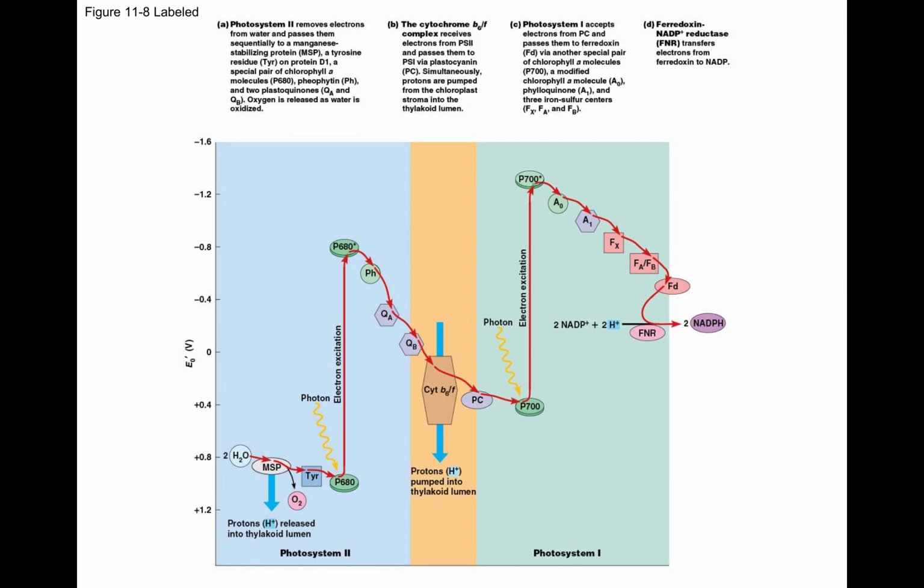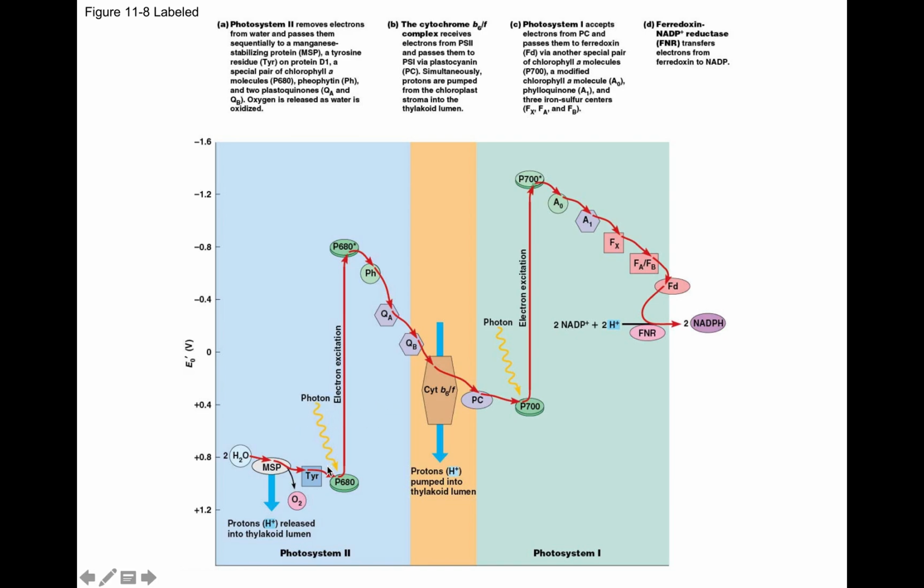Okay, so if we look at the energy of the electron, the more electronegative is toward the top of the graph, less electronegative is on the bottom of the graph. These are high energy electrons and low energy electrons. Okay, we saw similar sorts of diagrams when we talked about glycolysis.